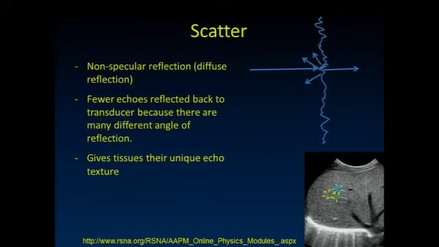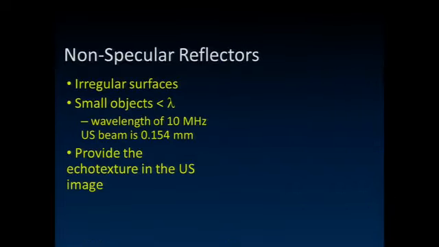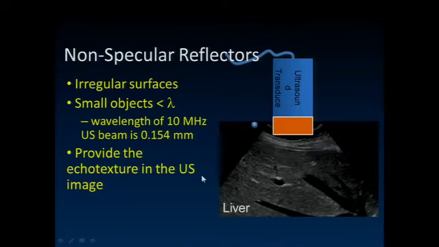The reason that the echo texture of the liver looks a little bit different than the echo texture of the cortex of the kidney. So those non-specular reflectors: irregular surfaces, objects with dimensions less than the wavelength of the transducer. Remember, at 10 megahertz we're at about 0.154 millimeters, and providing the echo texture in that image.